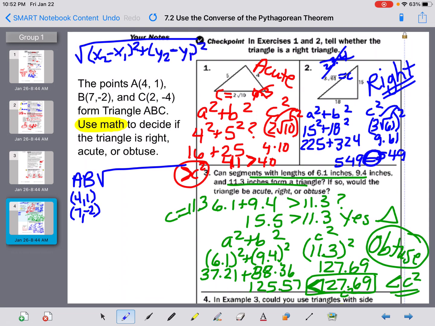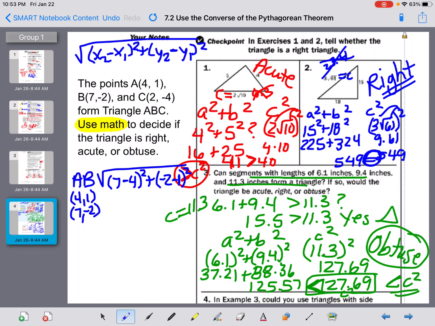That is on your formula sheet, hopefully, from chapter 1, 1.3. If it's not on your formula sheet, put it there, right? Okay, so that says I'm finding my second x, which is 7, and subtracting my first x, which is 4, and squaring it. Find my second y, which is negative 2, and subtract my first y, which is 1, and square it. Okay?